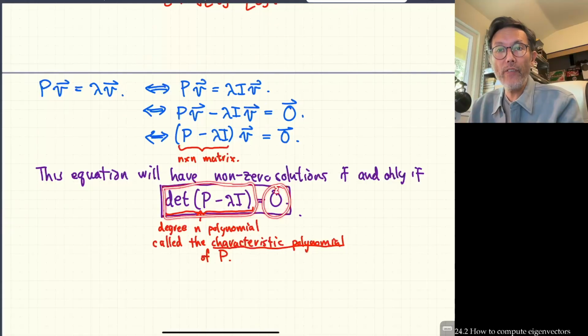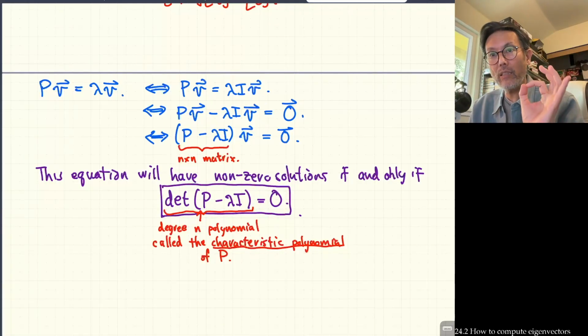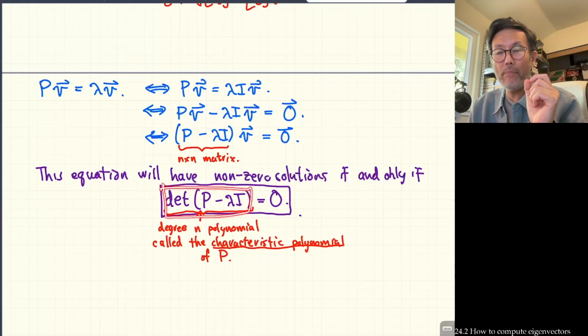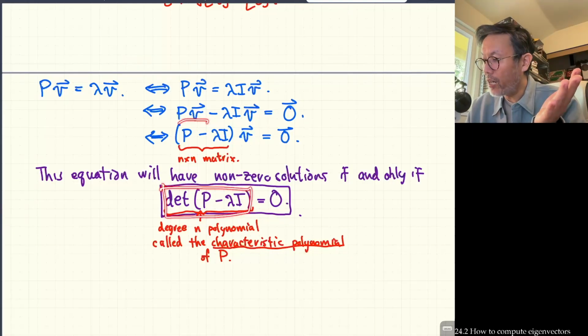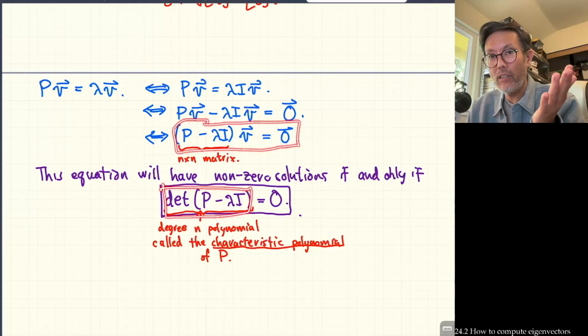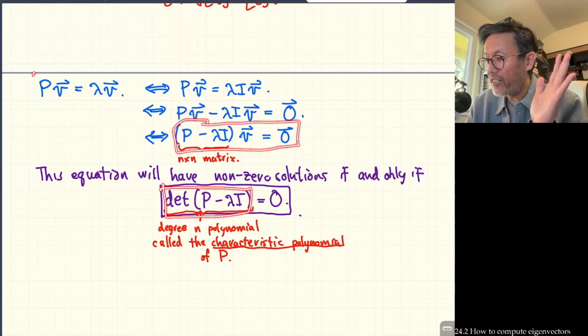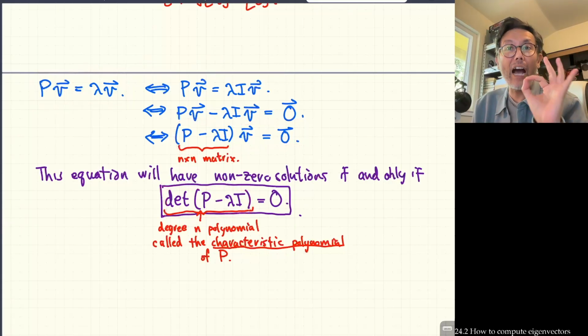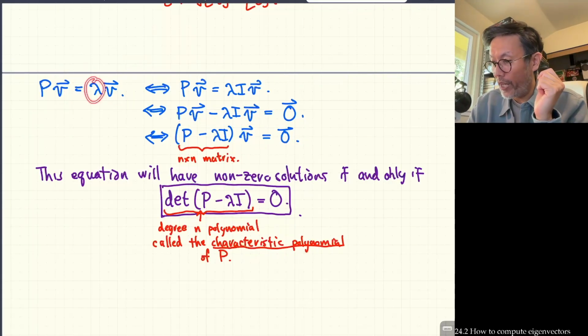And if we can find a lambda which has the property that the determinant of P minus lambda times the identity is 0, then we can find non-zero solutions to this equation here in V, and therefore we can find non-zero solutions to this equation here in V, and therefore we found an eigenvector with eigenvalue, by the way, lambda.